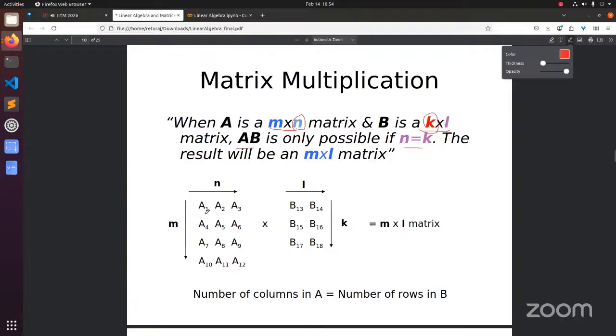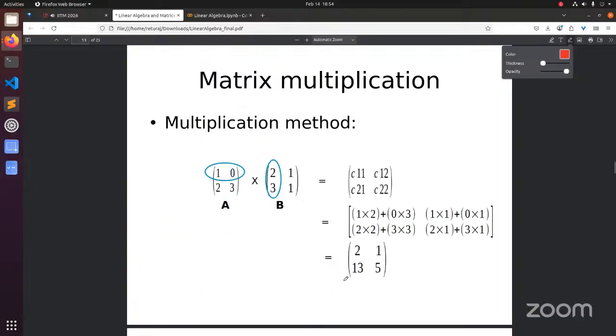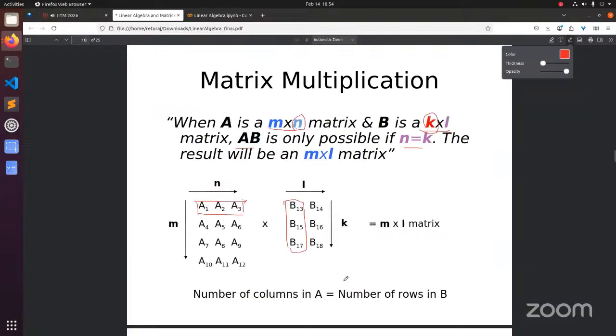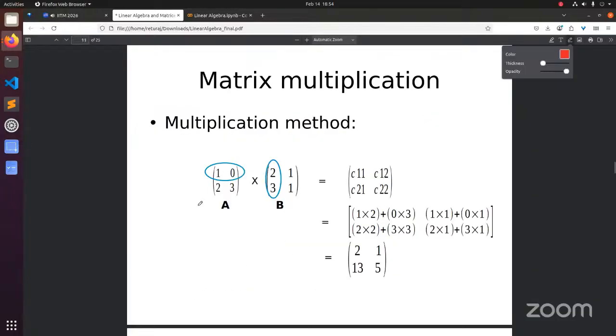And how you multiply is slightly involved. So you take the first element here, and you multiply with this element. Do we have an example? We have an example. Say you have this A, let's take a very simple example, a 2 cross 2 matrix.